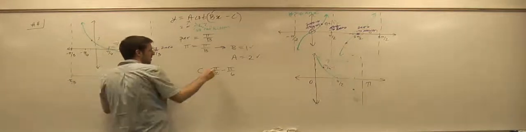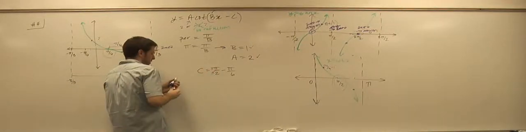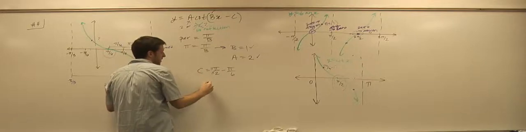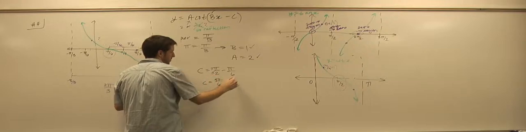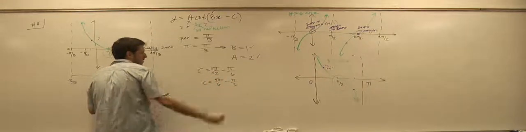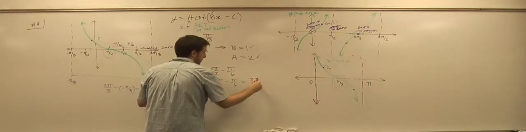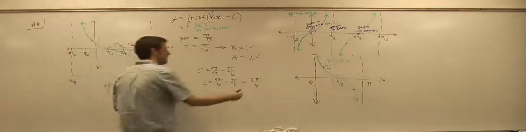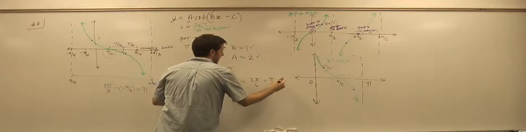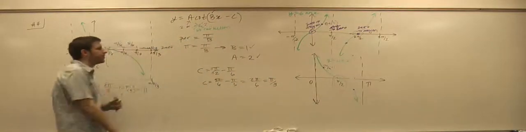You get a common denominator, you do times 3. So C will equal 3 pi over 6 minus pi over 6, which is 2 pi over 6. But again, it was shifted to the left, so technically this should be negative.